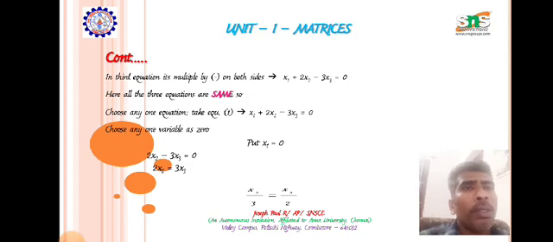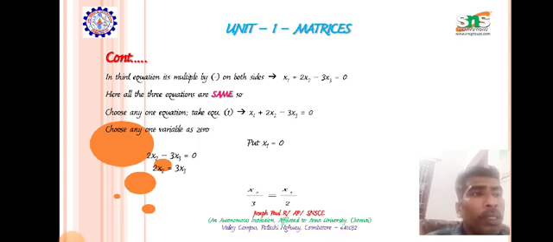Here all the three equations are the same, so we are taking it as x1 plus 2x2 minus 3x3 is equal to 0. When all the three equations are the same, it is not possible to find the values of x1, x2, x3 directly. So we find them by choosing one of the values as 0.